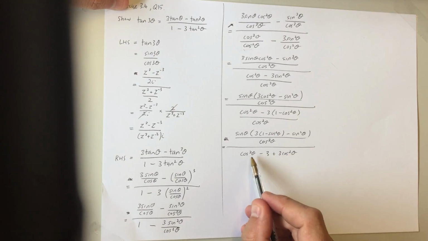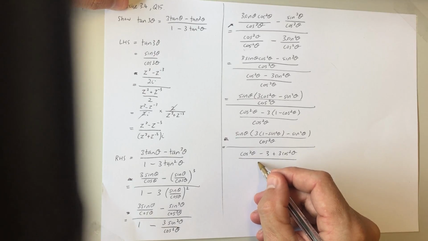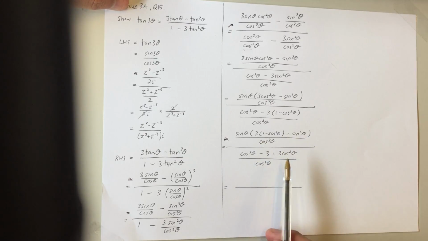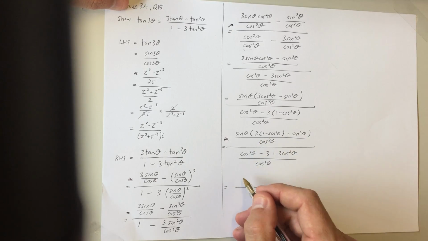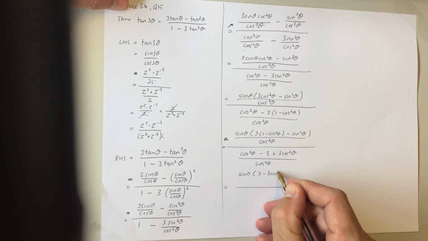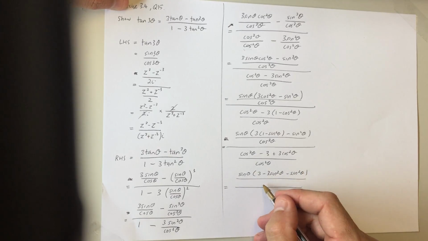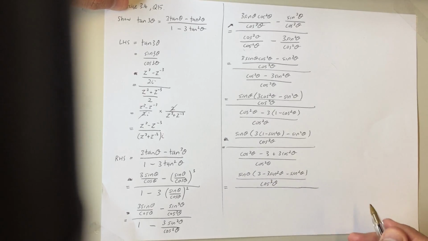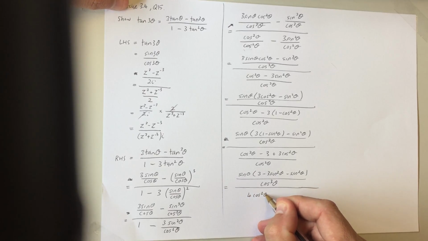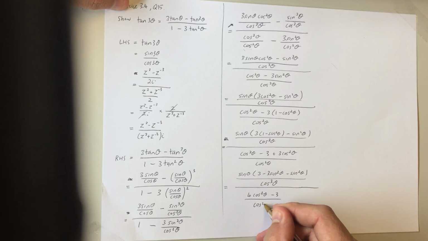So you can see how that can simplify now because they're like terms, so we can add them. All right, so the numerator, we've got sine theta outside of 3, subtract 3 sine squared theta, subtracting a sine squared theta, so we can simplify that. And our denominator now can be written as 4 cos squared theta minus 1 over cos squared theta.